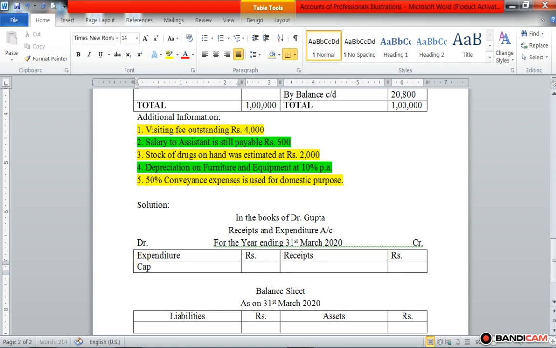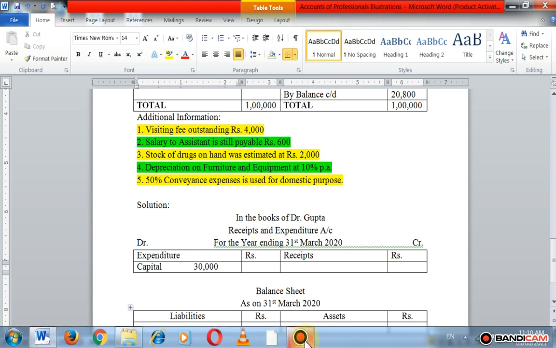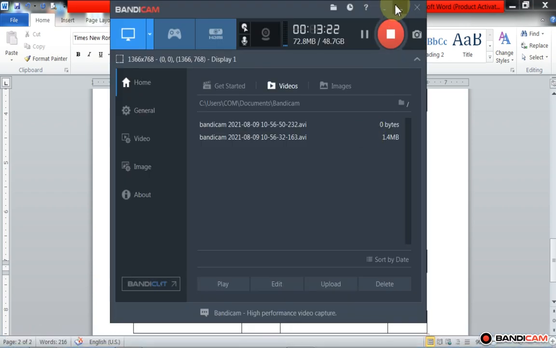So here capital in inner column, amounted rupees 30,000.